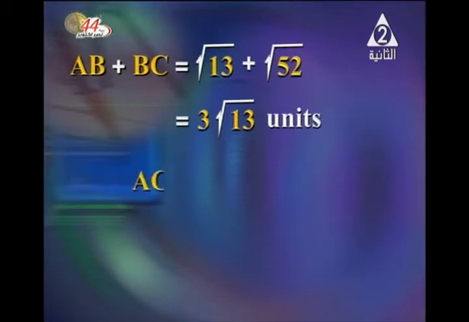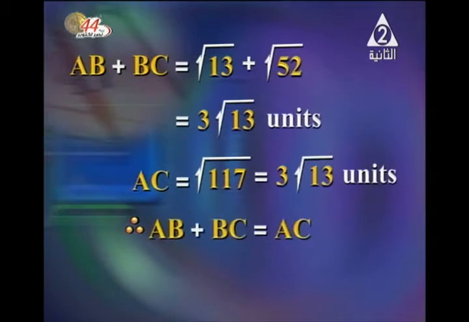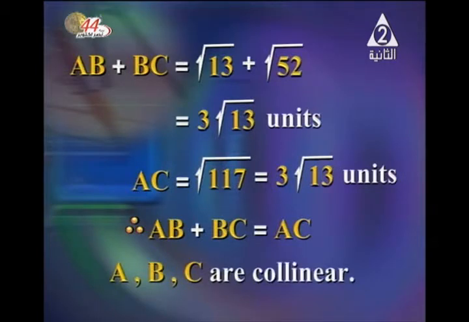Then what about AC? AC equals root 117, which is equal to 3 square root 13 units. Here you are going to notice that AB plus BC equals AC. And this means that A, B, and C are collinear.